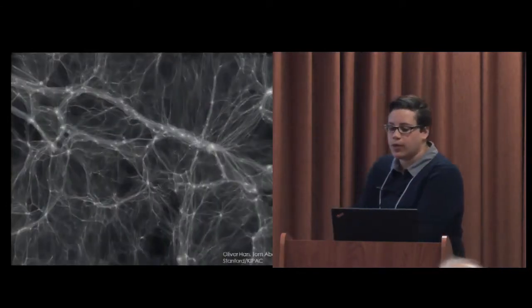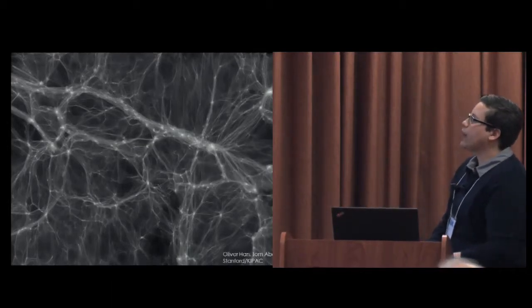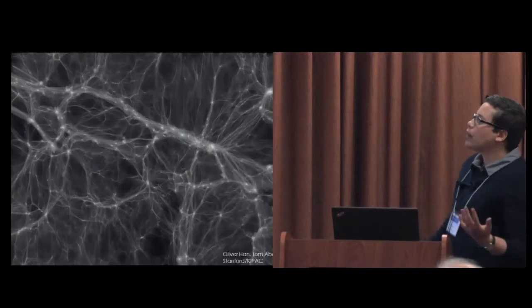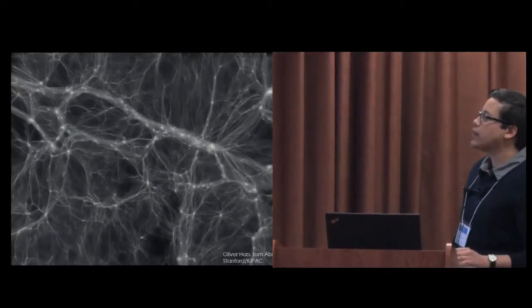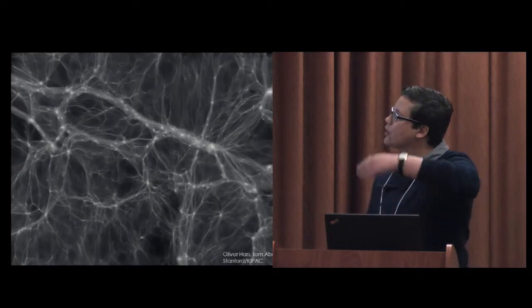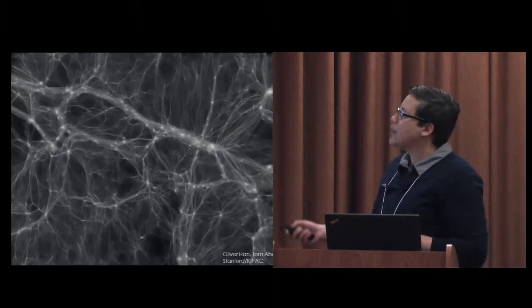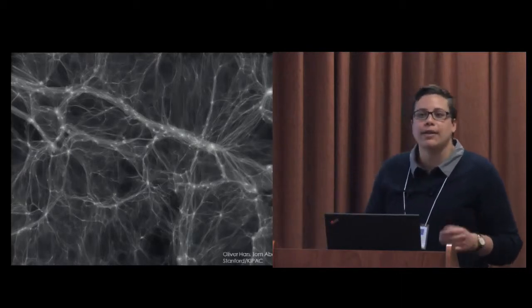So here we have an image from Oliver Hahn and Tom Abel of the cosmic web. This is a larger zoom out for those of you who have never seen what the universe looks like on large scales. This is the dark matter structure, and you can see there are all these filamentary structures and the small dots. One of these dots, like over here, would be a Milky Way mass galaxy, so something pretty massive.